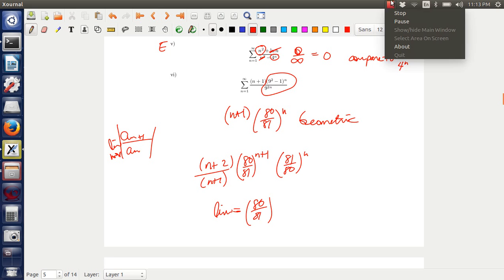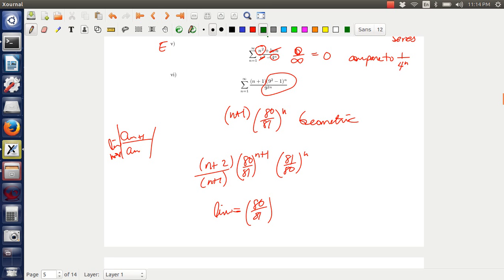Okay, sorry about that. So the whole thing is, we're looking to see what r is in a supposed geometric. We're looking for the term-by-term multiplicative ratio.